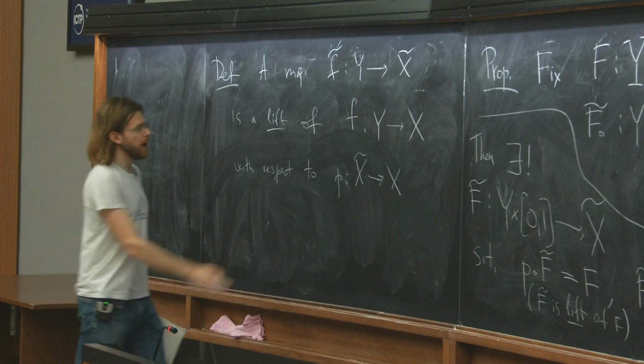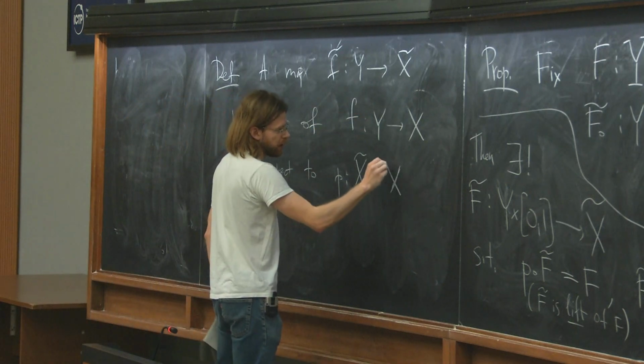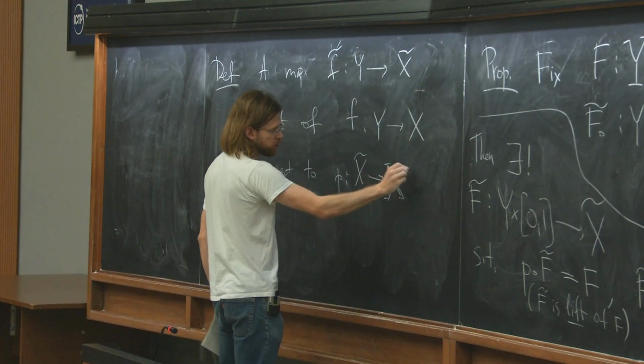Here Y, X, and X tilde are in principle just an arbitrary triple of topological spaces.